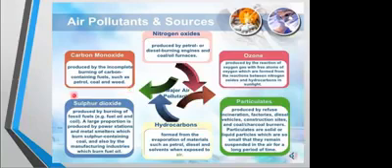Sulfur dioxide is produced by burning of fossil fuels such as fuel oil and coal. The main sources are power stations and even metal smelters. And the nitrogen oxides are produced by petrol or diesel burning engines and coal or oil furnaces.